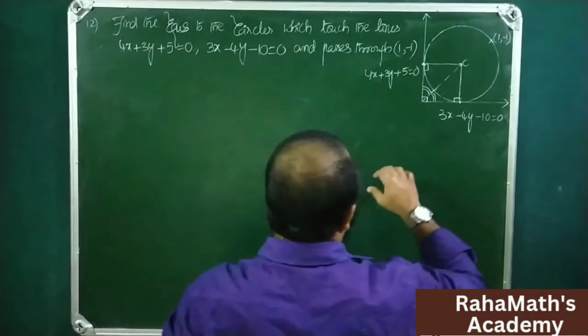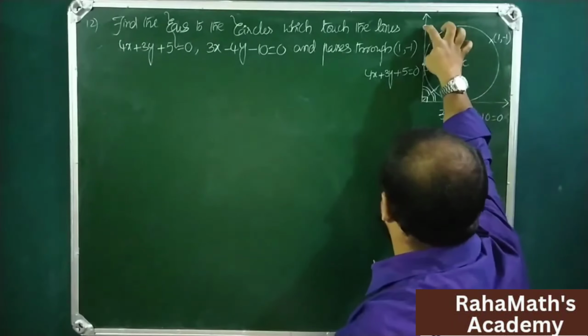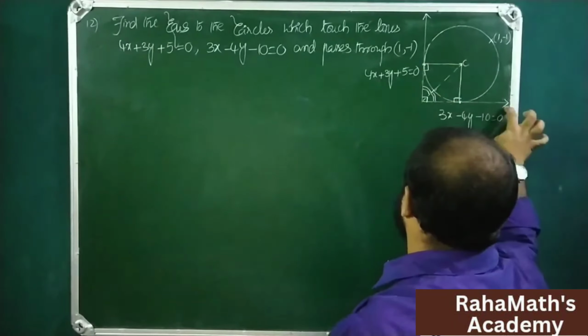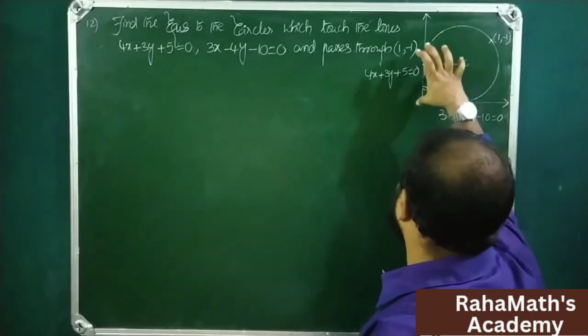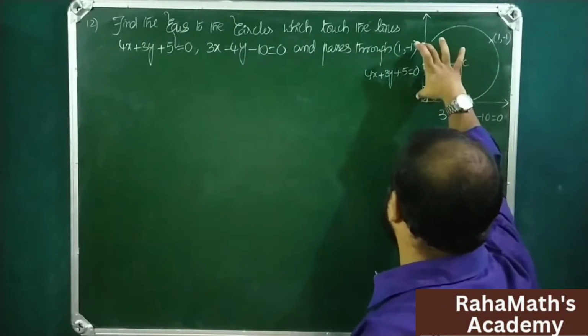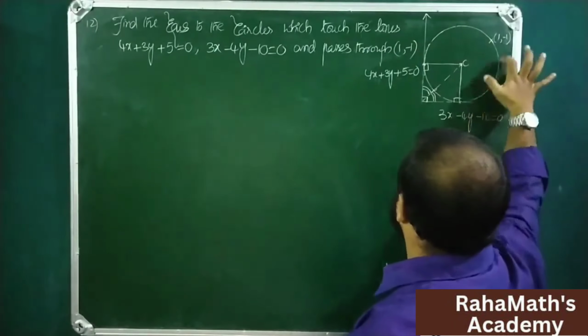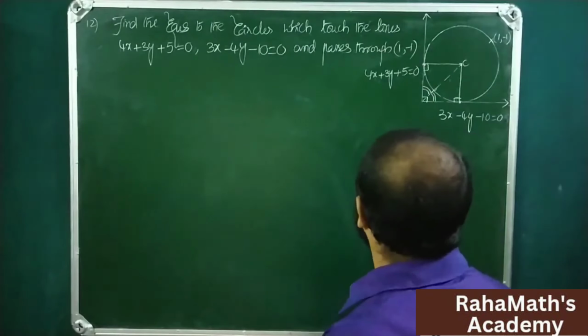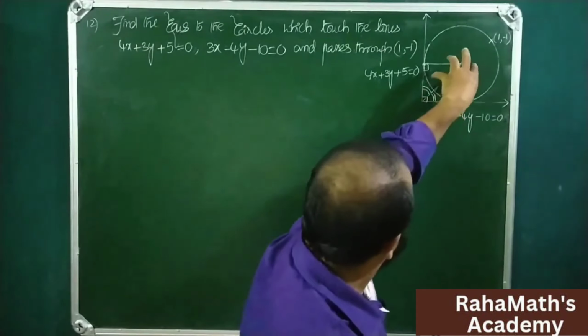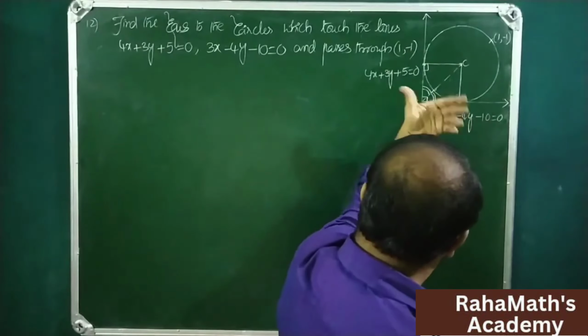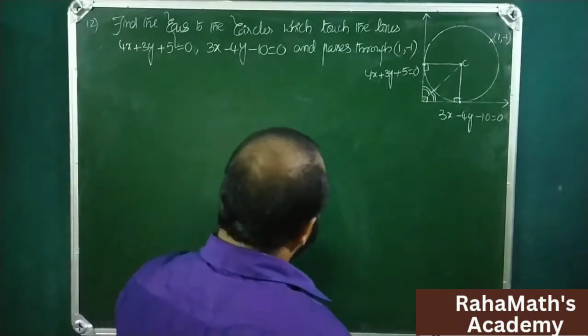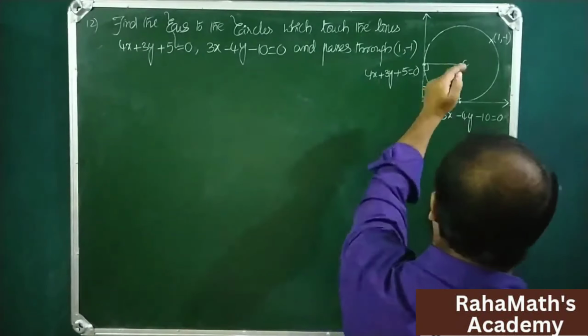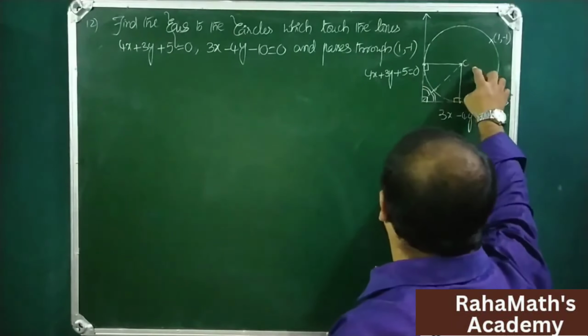That means for this circle, the two lines are perpendicular. So the given two lines are perpendicular, these two lines touch this circle, and the circle is passing through 1 comma minus 1.